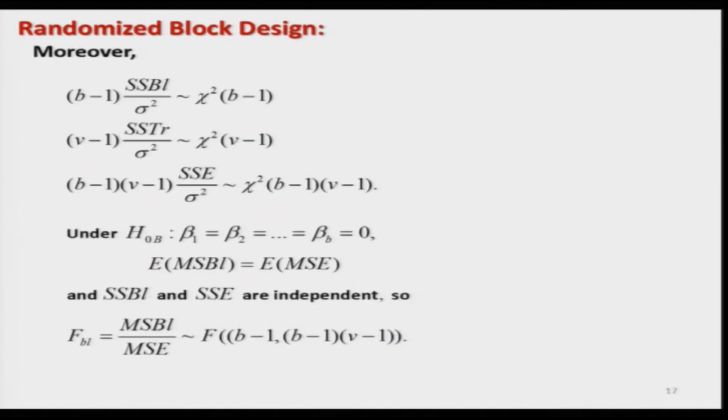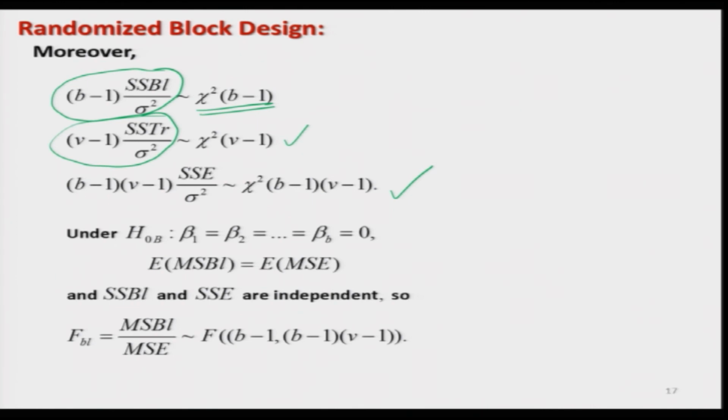Now, using theorem 7 and theorem 9, which we did in the initial part of the lectures on the development of analysis of variance, where we denoted them by quantities like Q1, Q2, etc., we can write directly that (b minus 1) SS block upon sigma square follows a chi-square with b minus 1 degrees of freedom, and similarly (v minus 1) SSTR divided by sigma square follows a chi-square with v minus 1 degrees of freedom, and similarly you can write the distribution for the SSE.